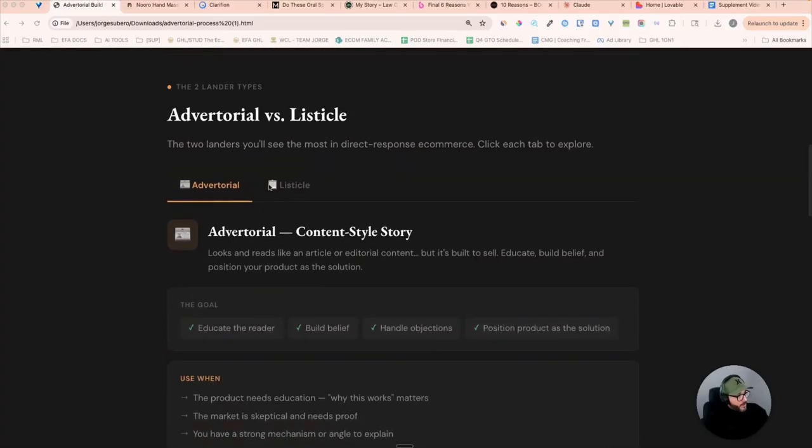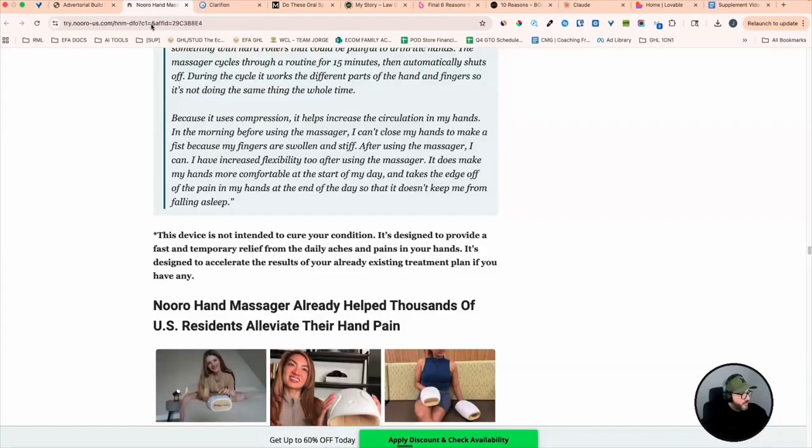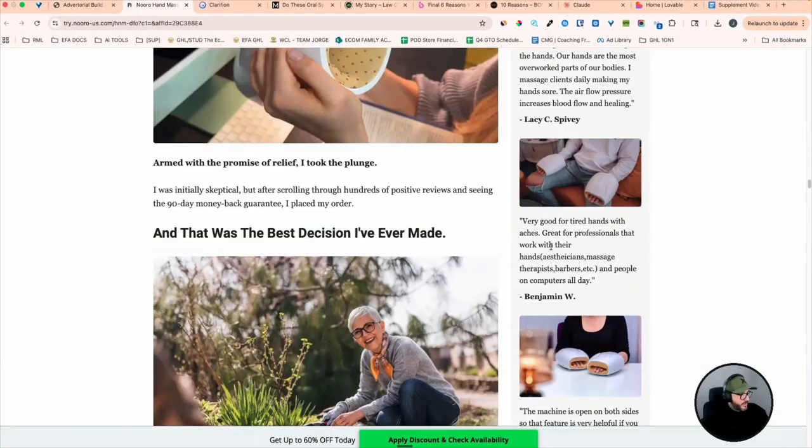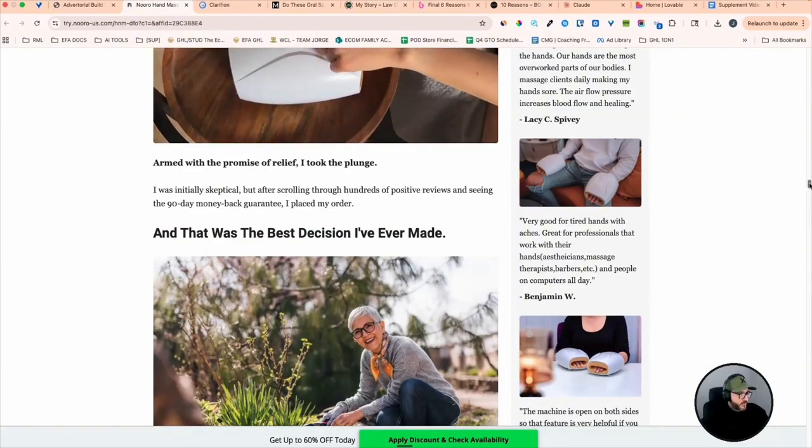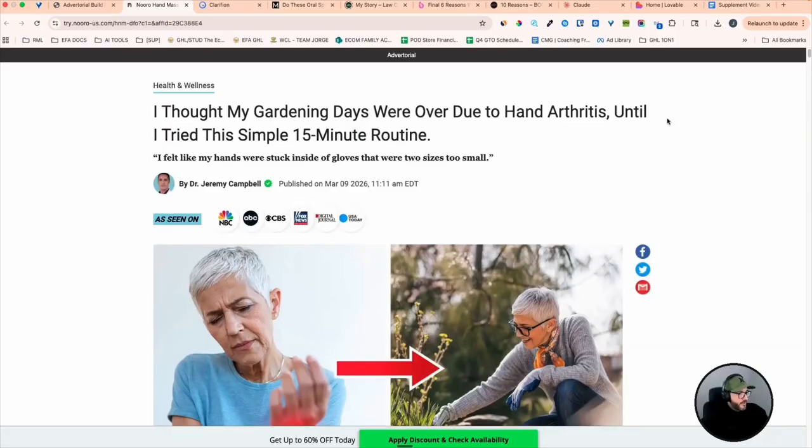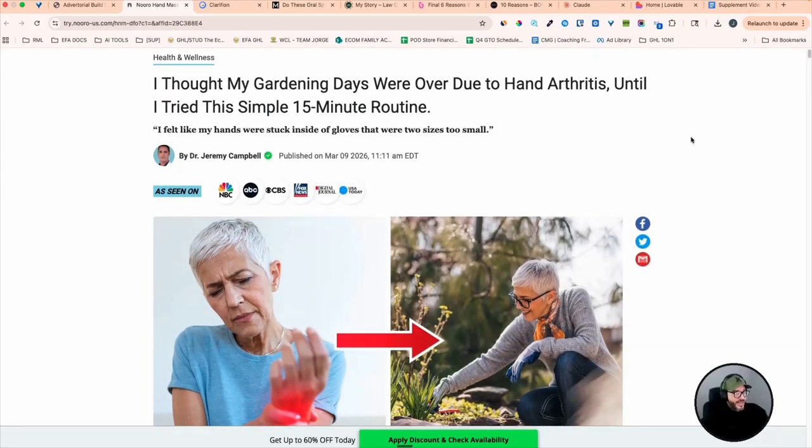So now let's take a look at a couple of examples of an advertorial. Okay, so here this is an advertorial. Let me just scroll up here. So you see, it looks more like an editorial article. It has the headline here.